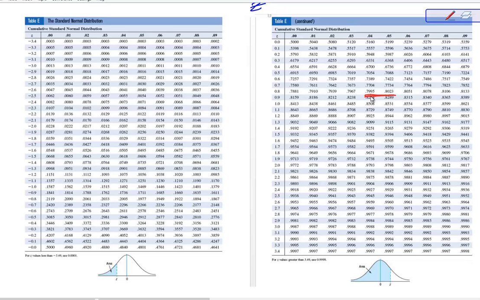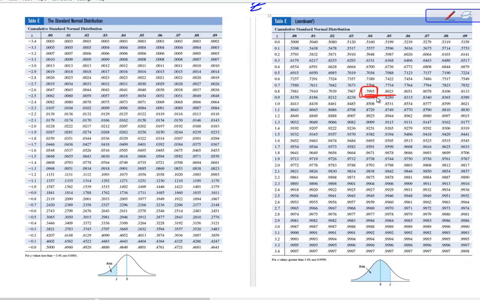When you find it's in between like this, you want to use the one that it is closest to. So looking at 0.7995 and 0.8023, 0.80000 is closer to 0.7995 than it is to 0.8023.